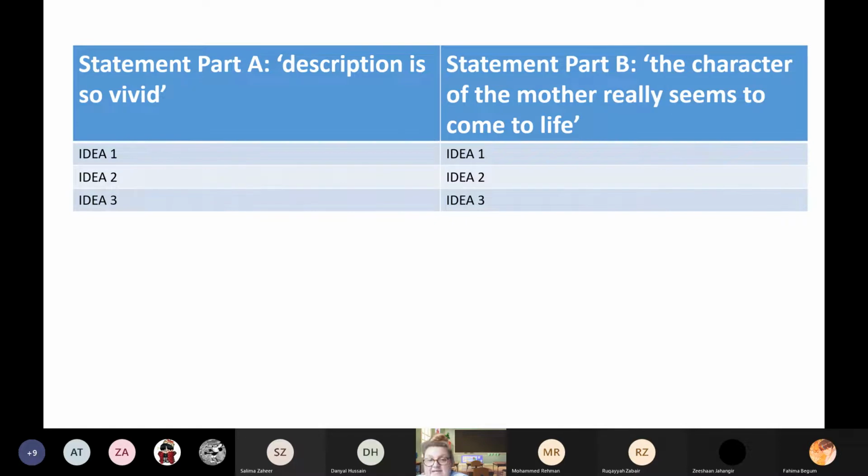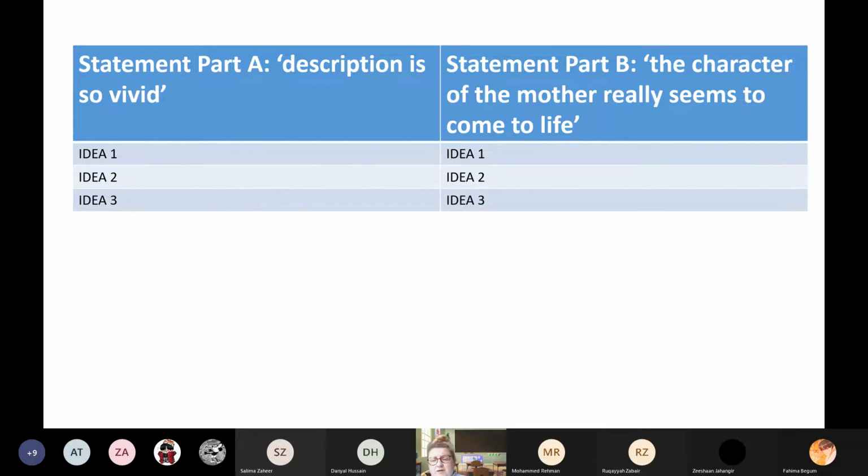That table is simply divided into the description is so vivid and mother seems to come to life. One of the really good things about this table is that if you spend just those 5 minutes filling it out, that plan provides you with everything you need to be able to answer the question.